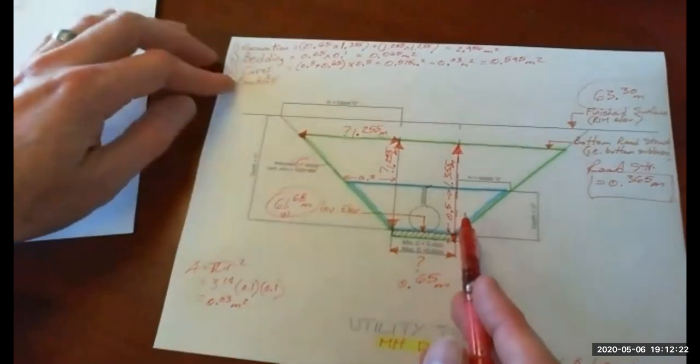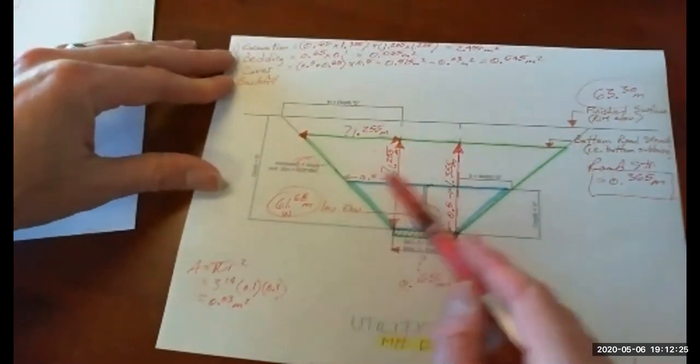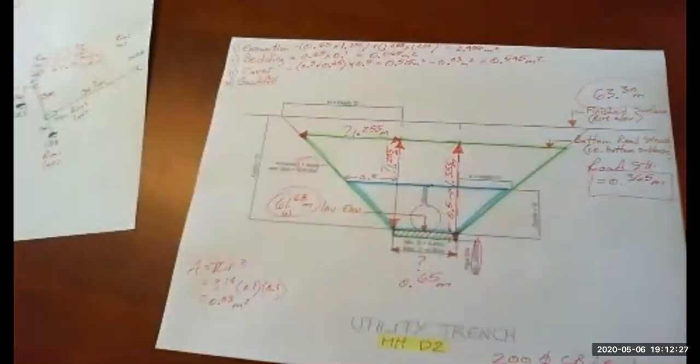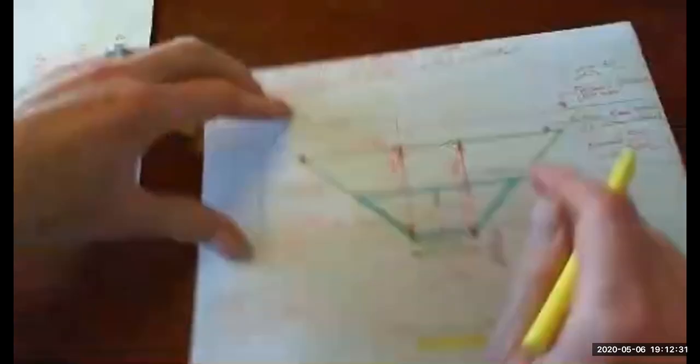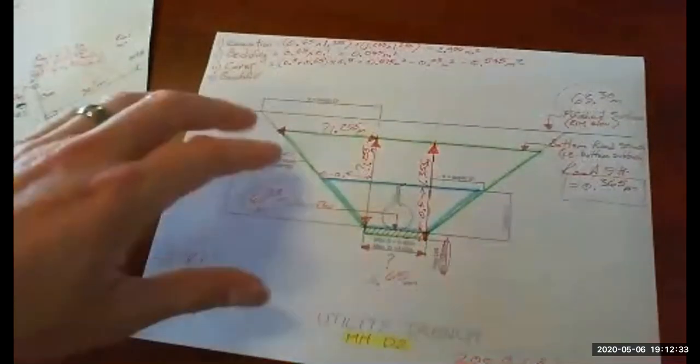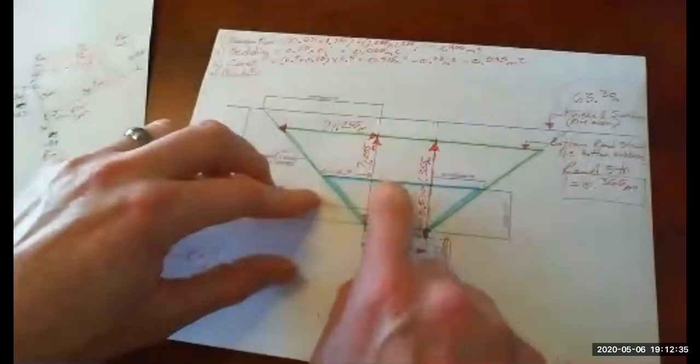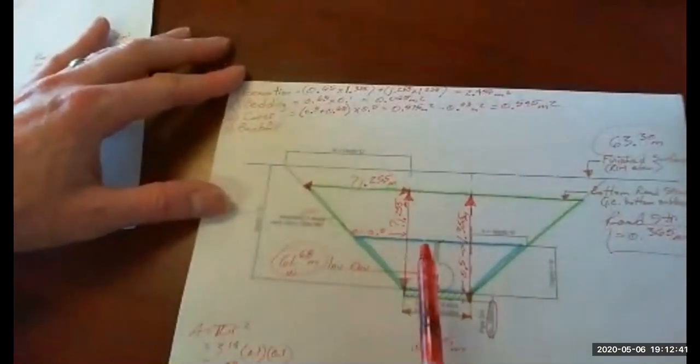So now we're able to calculate backfill. That'll be the area up here. I won't color that, that might confuse things. So it's between the blue and up to the green. Again, I'll go with a subtraction method.